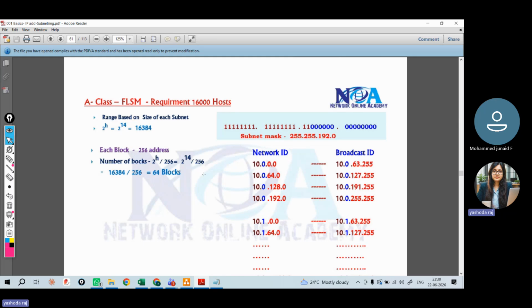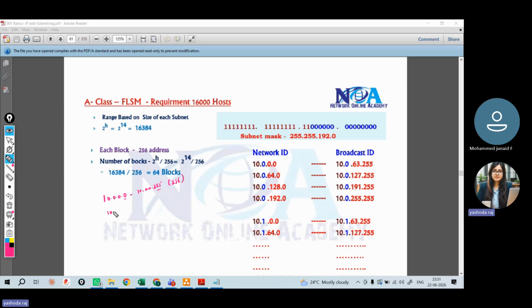Now see, one block means what? 10.0.0.1 is one IP address. Like that, if you are writing 10.0.0.0 to 10.0.0.255, how many IPs do you get? 256 IPs you get, right? Next, what is the next IP? 0 is over, 255 is over.